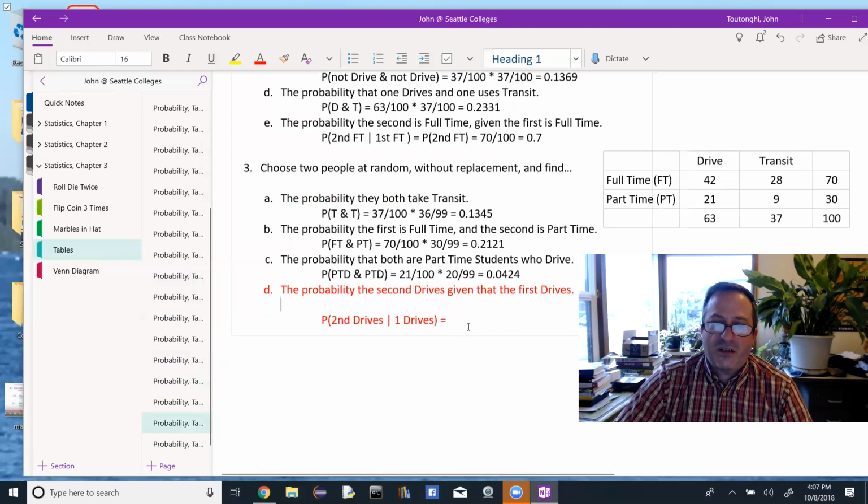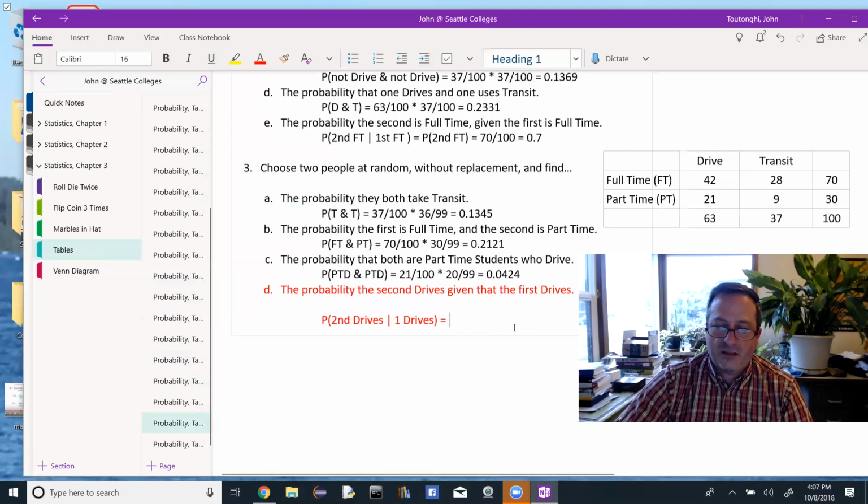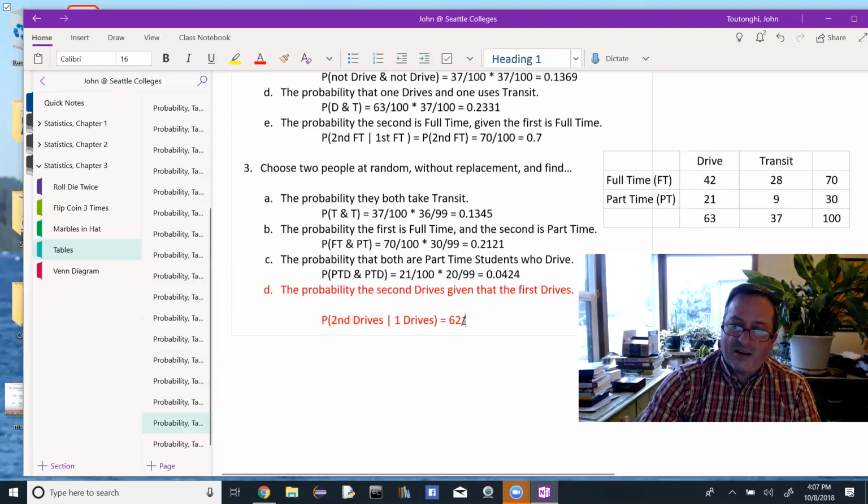If you took one person out completely, there would be 99 people left. If you took a driver out, there would be 62 drivers left. So the probability the second one drives, given that the first one drives, well, there are 62 drivers out of 99.